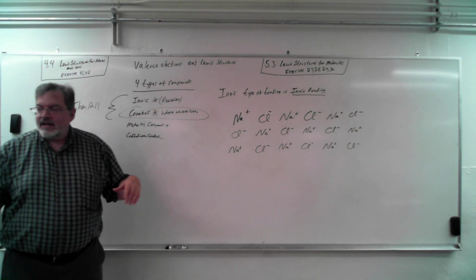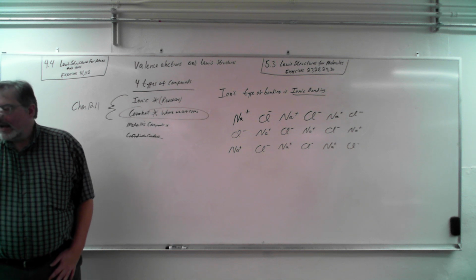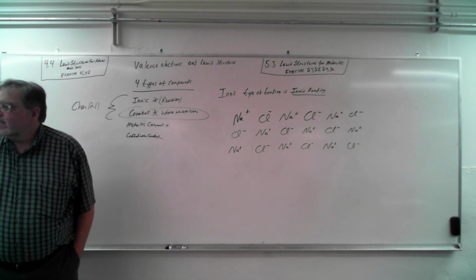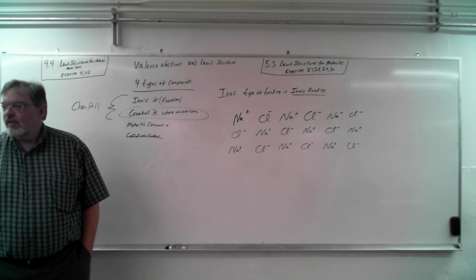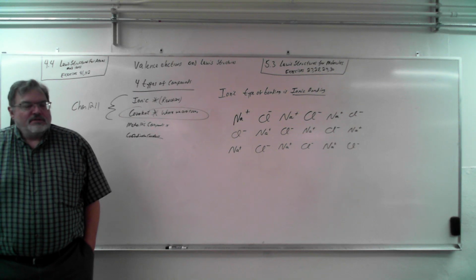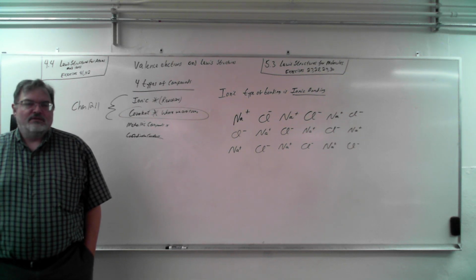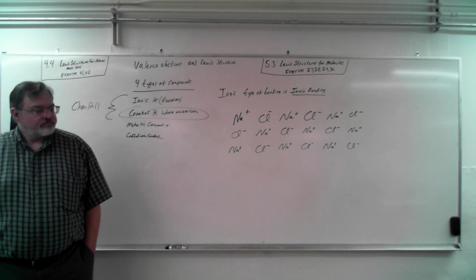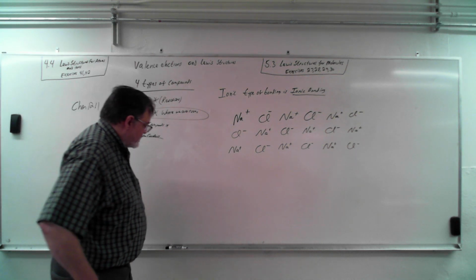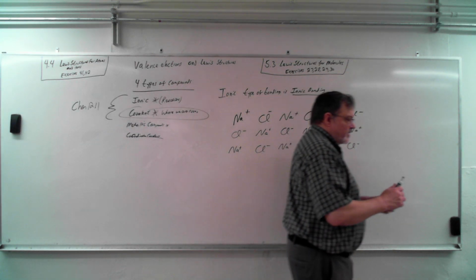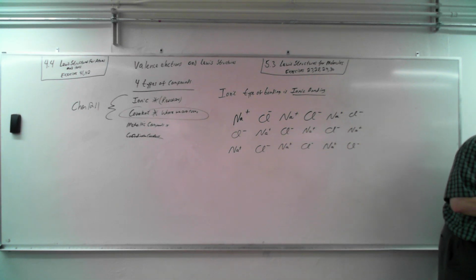So we call this a lattice structure, or an array. You know what I'm saying? Ionic structures tend to do that. So it's always this alternating system of positive and negative ions. Does that make sense? We'll talk a little bit more about this structure later in this semester.